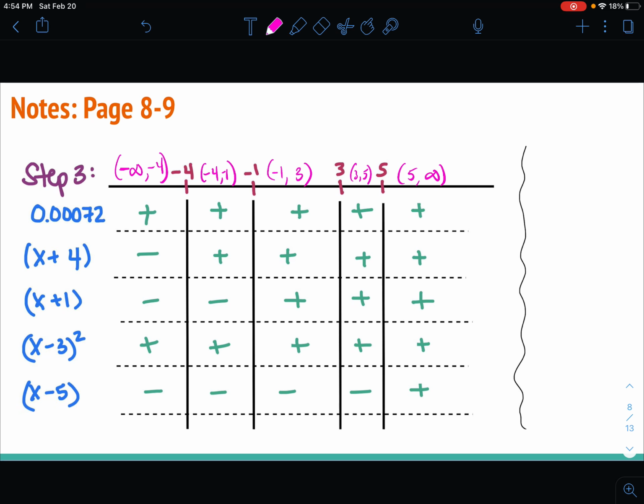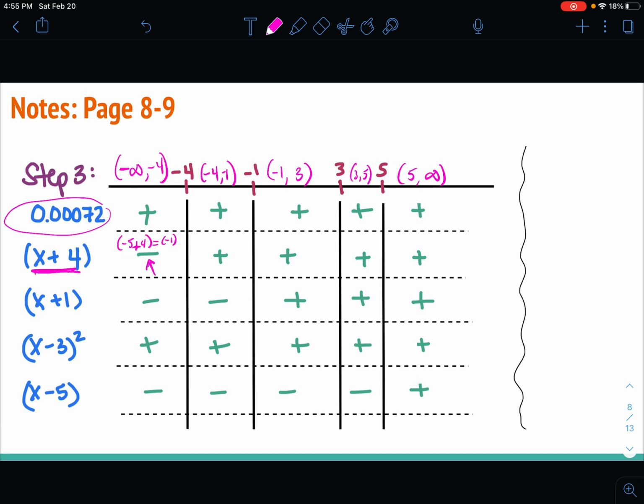So in each of these regions, we want to know, is this factor going to be positive or negative? Now, 0.00072 is positive no matter what region you're in, which is why these are all positive values. Here we're looking at an x plus 4. For example, from negative infinity to negative 4, let's put in negative 5. Negative 5 plus 4 is going to give me negative 1. That's where the negative came from. You can plug in any value you'd like as long as it's in the region.